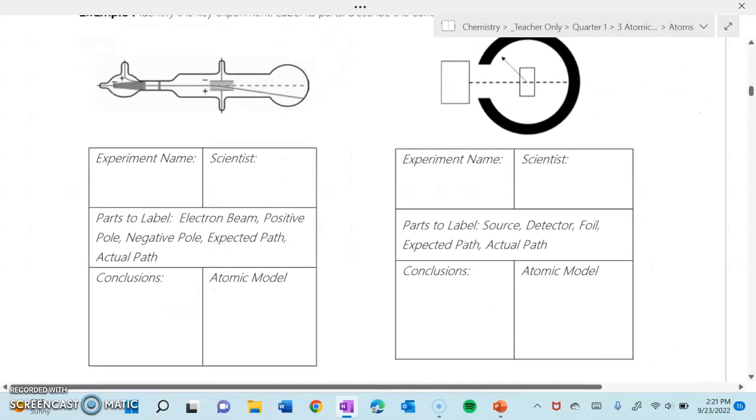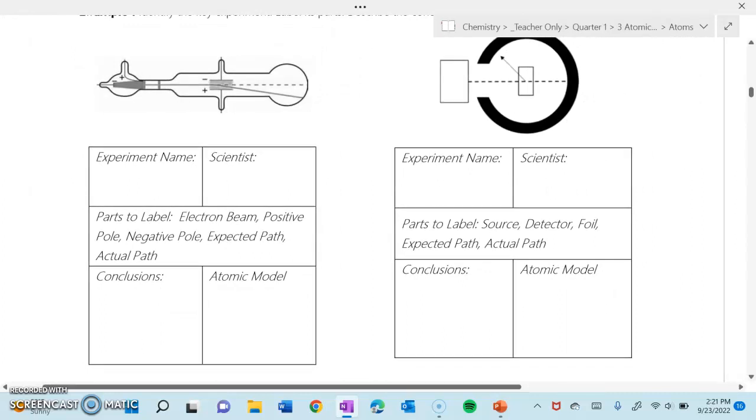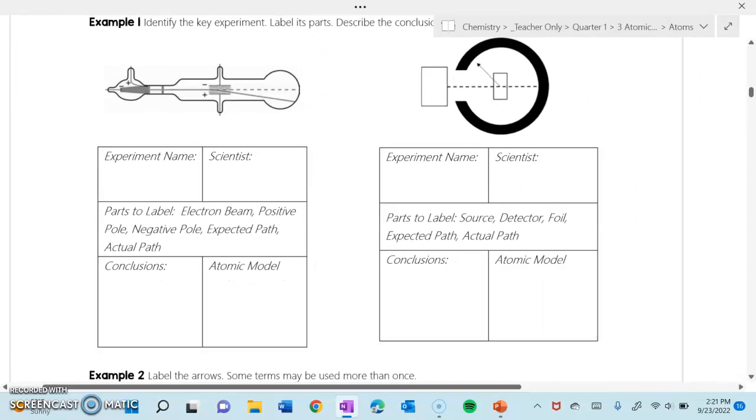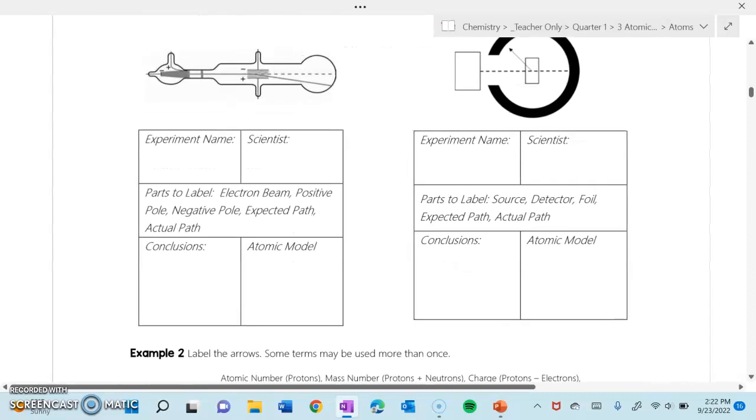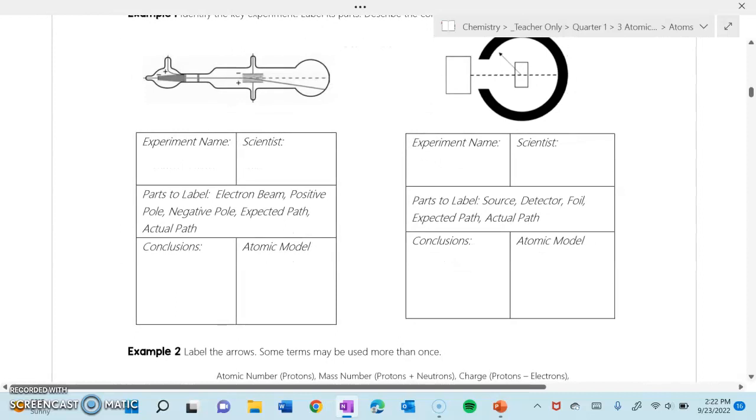The example asks us to identify the experiment, label its parts, describe its conclusions, and draw the resulting atomic model. The experiment name of this picture is the Cathode Ray Experiment.